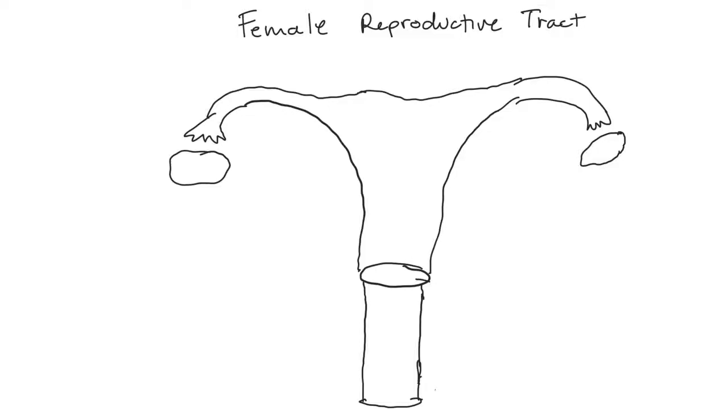At the posterior end you have the vagina, which becomes the birth canal. And then the uterus is marked by a circular muscle, a sphincter muscle, called the cervix.